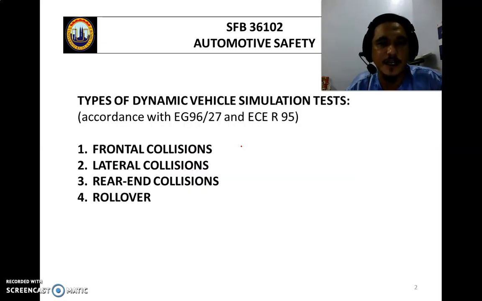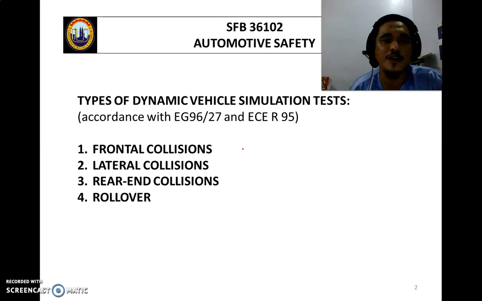Before that, I just want to explain the objective of the dynamic vehicle simulation test. We have 3 objectives. Number 1, to study the level of injury for the occupant. In the test, we will use a dummy, which will be tested to study the level of injury.